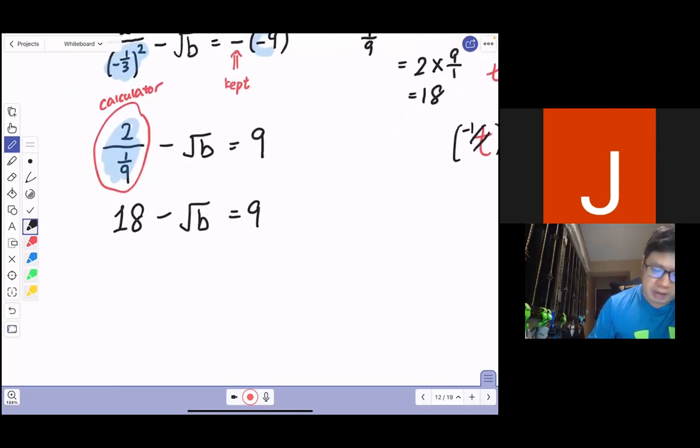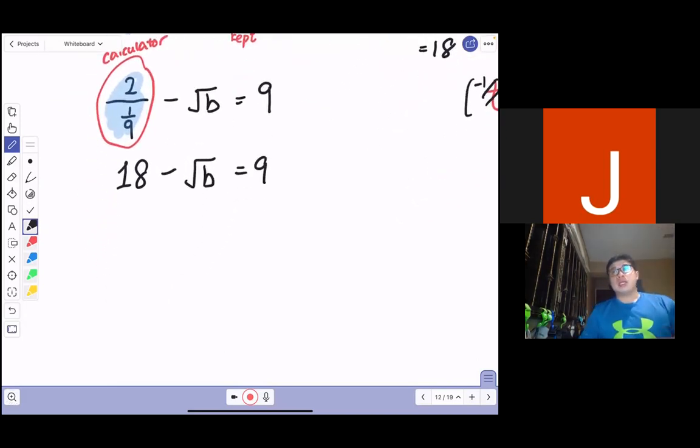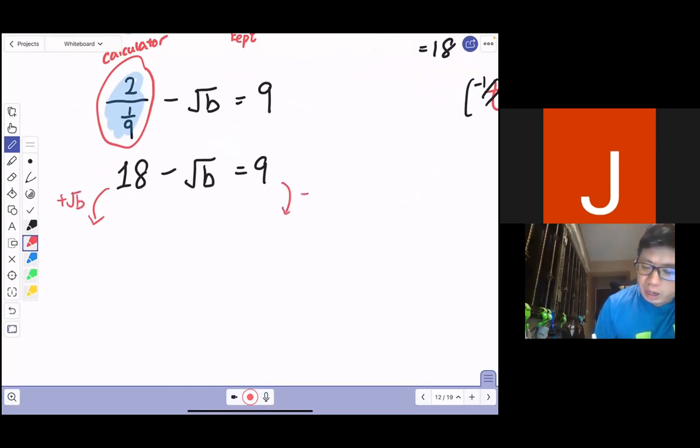Now we want to find the value of b, so let's make b the subject. What I'm going to do is add square root b on both sides. You can see that I can also add a variable; you need not always be adding a constant. So square root b cancels off. I have 18. On my right hand side, I have 9 plus square root b.